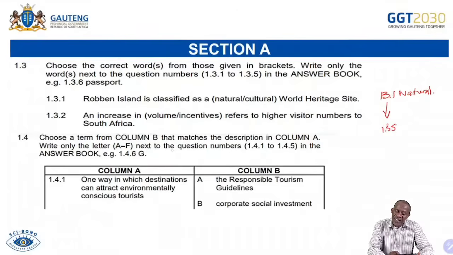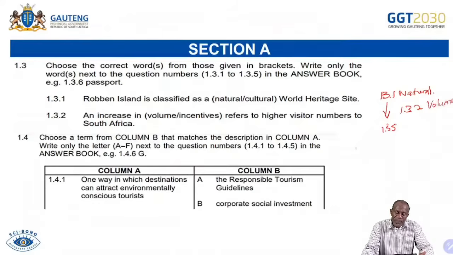And then an increase in volume incentive refers to the higher visitor numbers to South Africa, and if you think the correct answer is volume, then you write only the concept volume next to the question number. This is the approach that we must use.